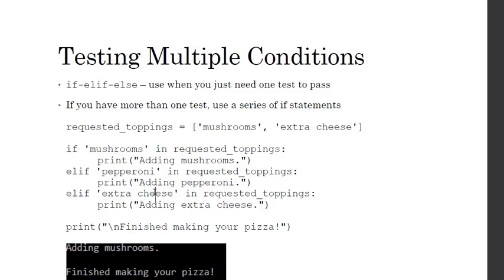Okay, keep in mind the first one that evaluates to true in an if-elif structure is the one that it will execute, with the body of the print statements within that if or elif, and then it exits. So in this case, we only get adding mushrooms because this one is the first one that is true.